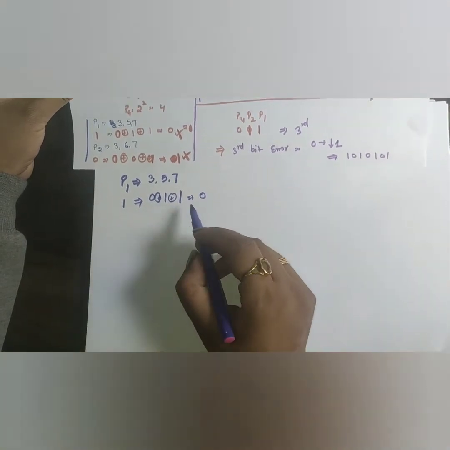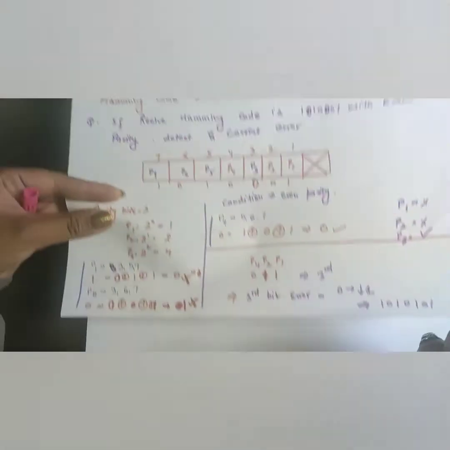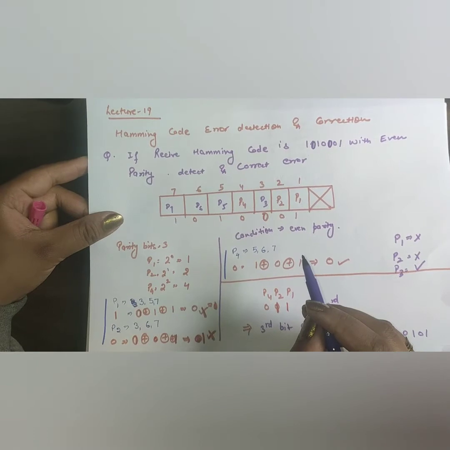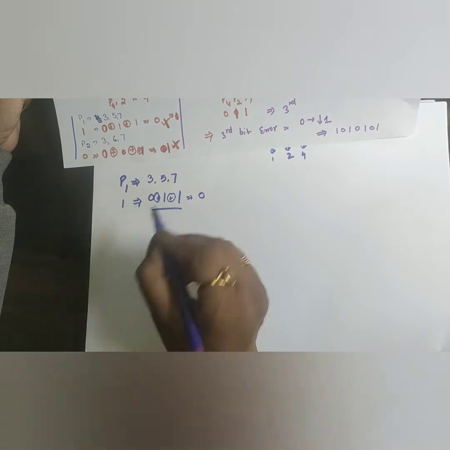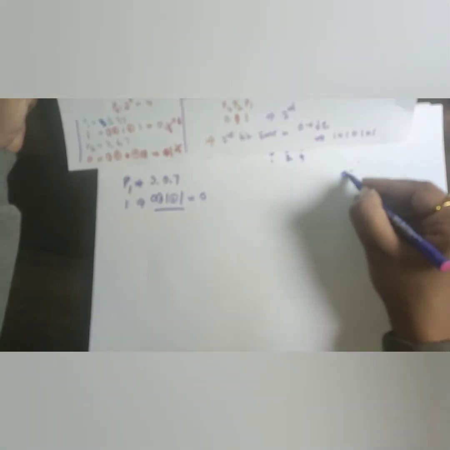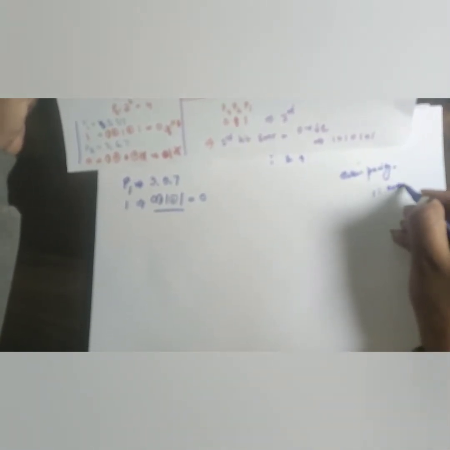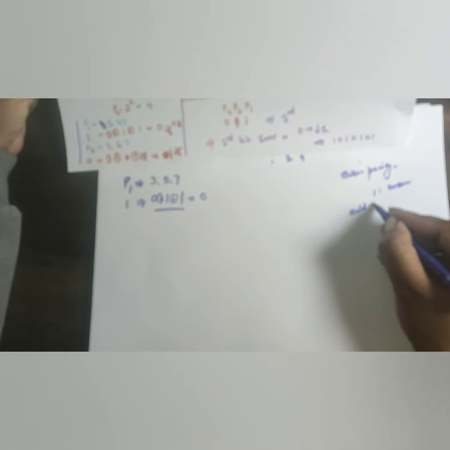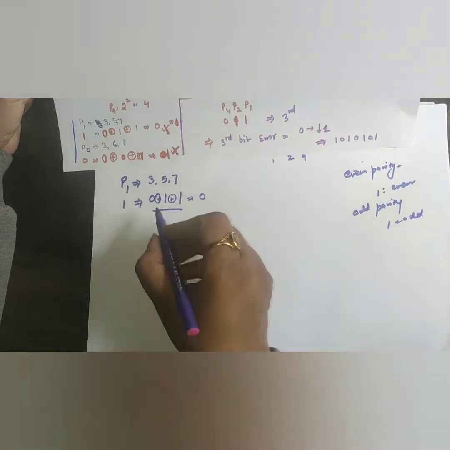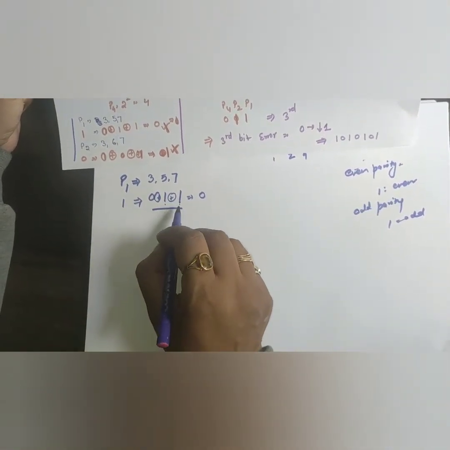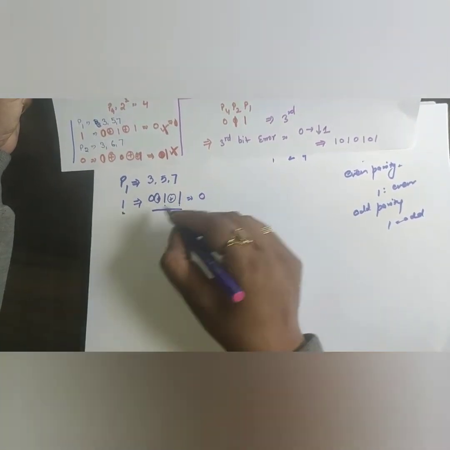Another method can also be used: for even parity the number of ones should be even, and for odd parity the number of ones should be odd. Here the number of ones is 2, so for even parity it should be 0, but it is 1.